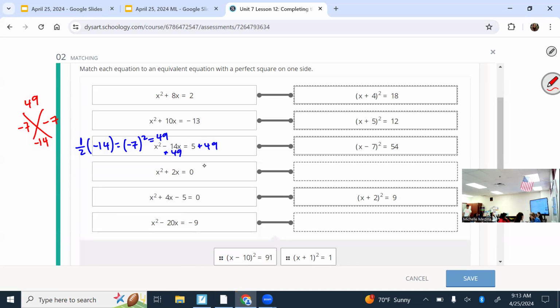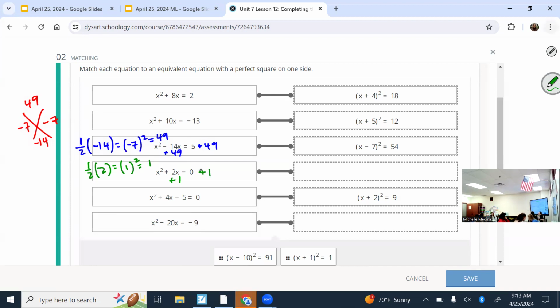Then you take half of b. So what's b in this one? What is half of 2? And then we're going to square it. What's 1 squared? 1 times 1? Okay, so that's what 1 squared is, or use a calculator. But that's what we would have to add to both sides.